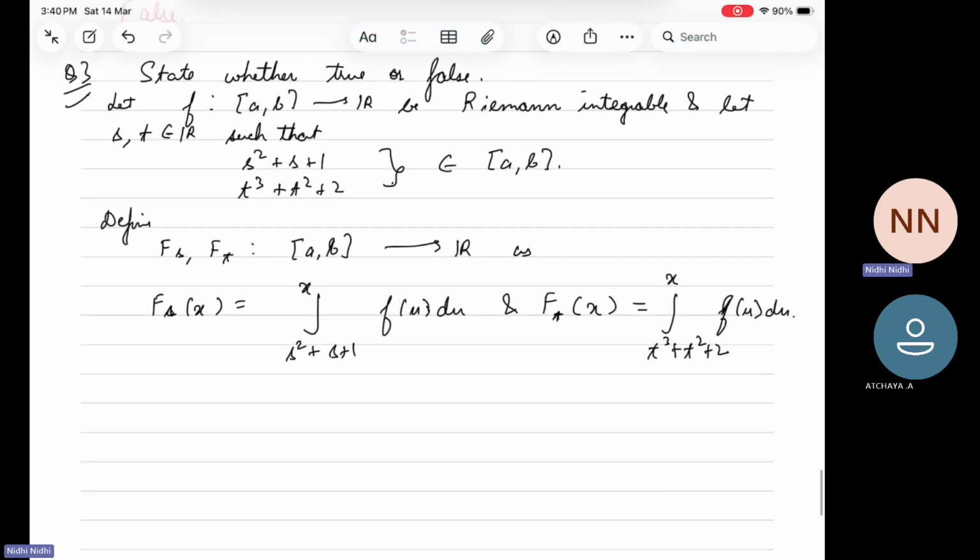Then they're saying that this Fs minus Ft is actually a constant.